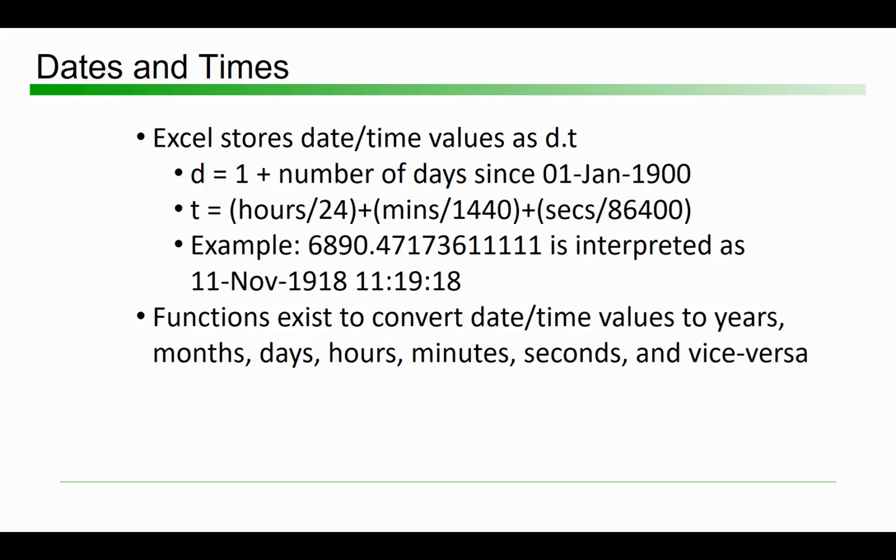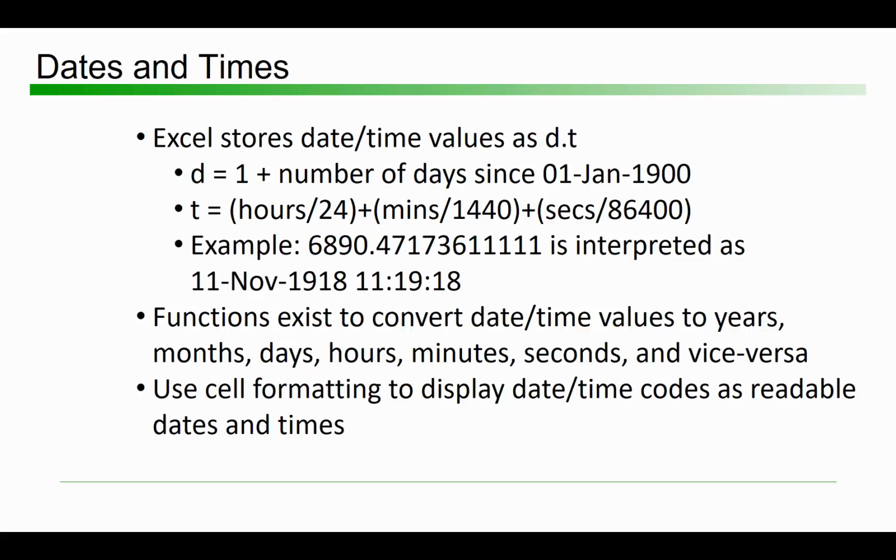So it's kind of an interesting way that it's viewing time there. There are functions to do conversions between time so that you don't have to manually add things together yourself. Excel can do all the heavy lifting for you. And you can, just as I've demonstrated, change the formatting to switch between a wide variety of options.